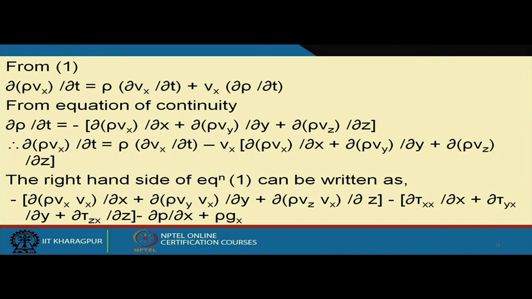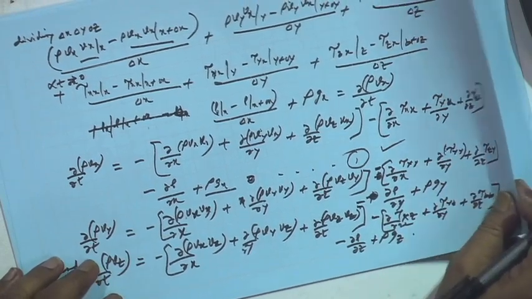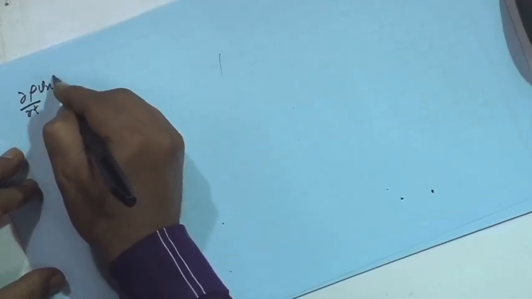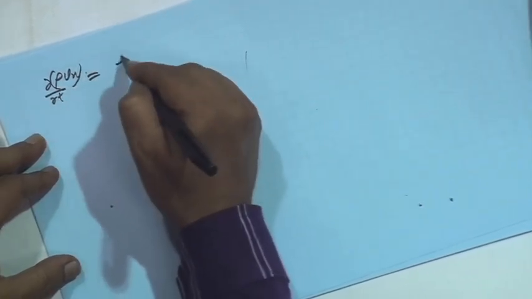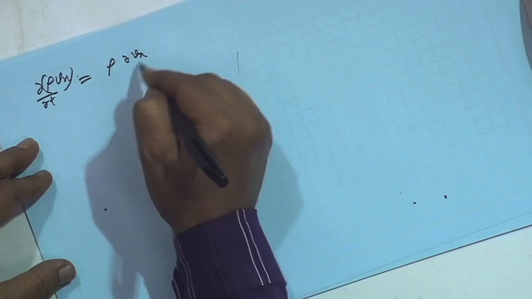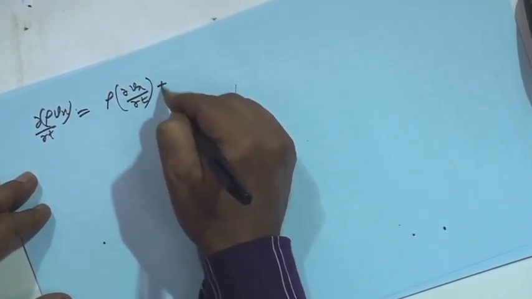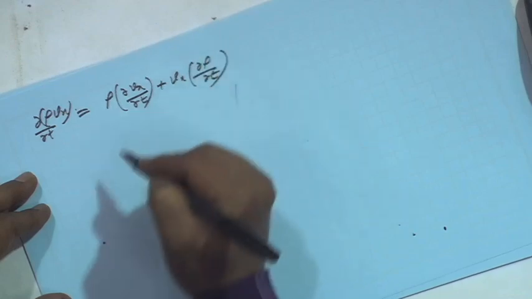Now, if we remember, this was equation 1, right. So, keep in mind that from that equation we can write ∂/∂t of ρv_x. This is again nothing but ρ times ∂v_x/∂t plus v_x ∂ρ/∂t, right.